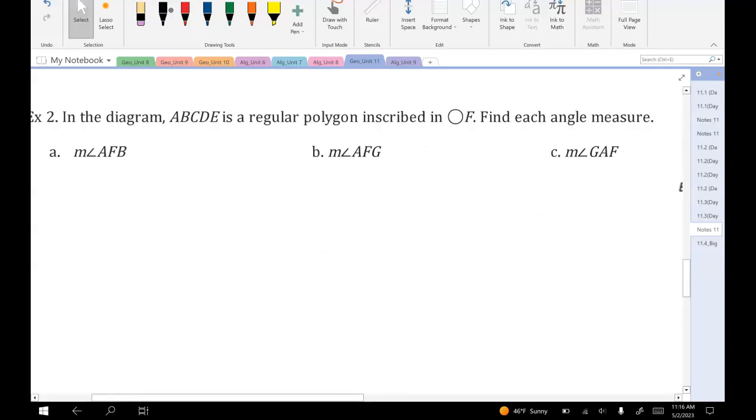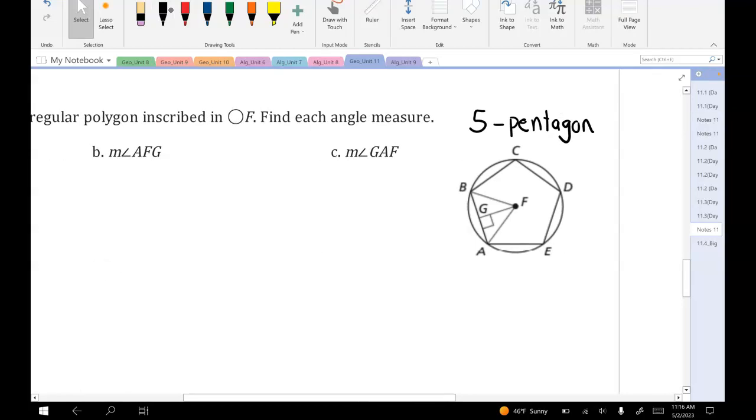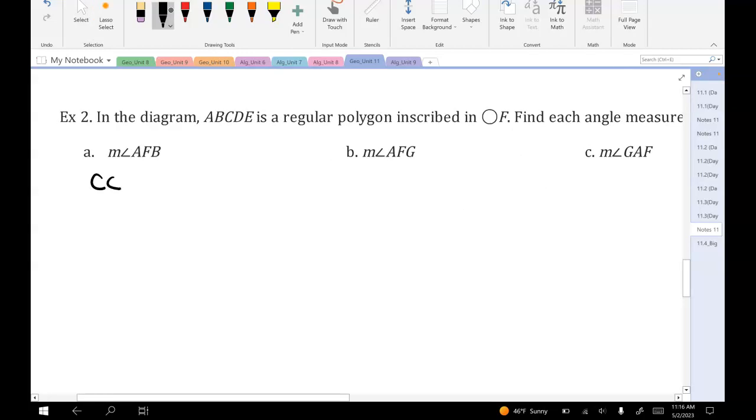Our first angle measurement is angle AFB. Going from A to F to B, that's one of our central angles. So in the last sentence in the box on the other page, to find the angle measurement of a central angle, you take 360 degrees divided by your number of sides.